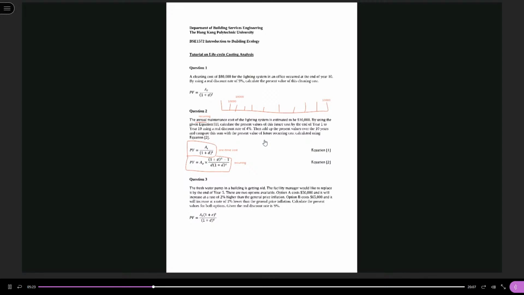So instead of calculating the one-time cost 10 times and then adding together, we may use one equation to calculate one present value for the 10 times of recurring costs. Just the same.